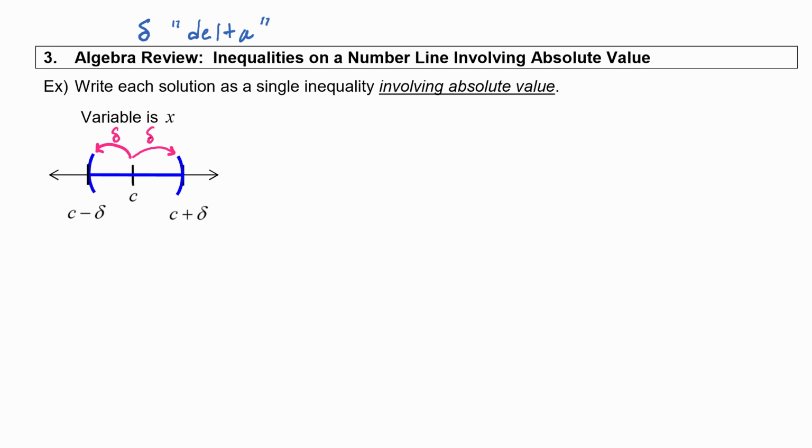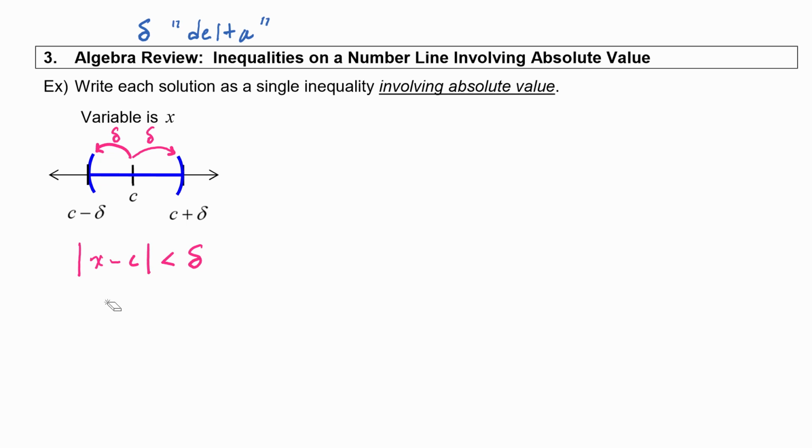So if our variable is x, and x can be anywhere on this interval, we know that the distance between our x variable and c would have to be less than delta. So the way we would say this inequality is the absolute value of x minus c has to be less than delta.